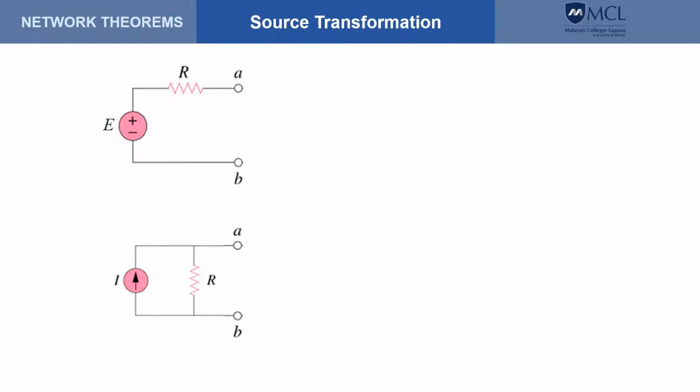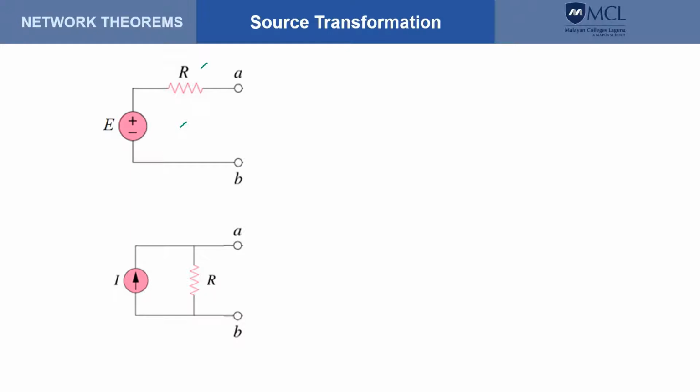Source transformation is really just a consequence of the relationship between Thevenin's theorem and Norton's theorem. So let's see what this means. Let's say I have a source that is in series with a resistance, and I'll convert this into a Norton's equivalent.